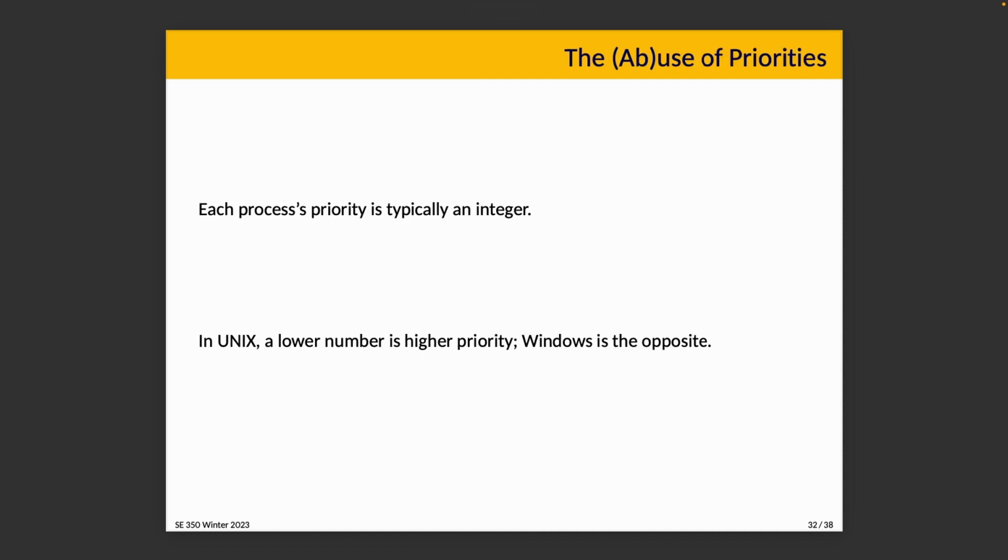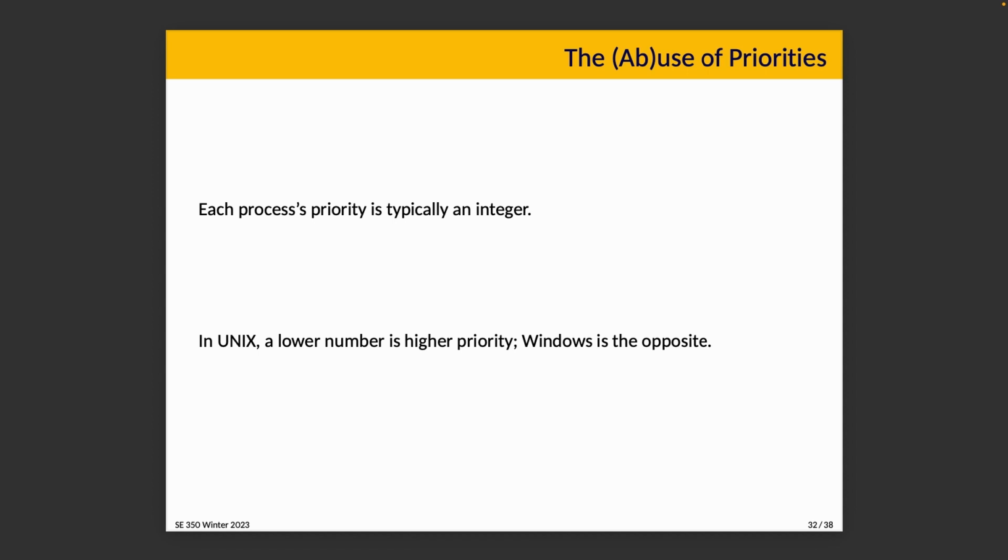Before we go on, I want to talk about priorities, the use and abuse thereof. So we've said that processes and threads have priorities, and I've referenced now more than once that priority is important, but we didn't actually give it a lot of definition. A process has a priority, and that is typically an integer.